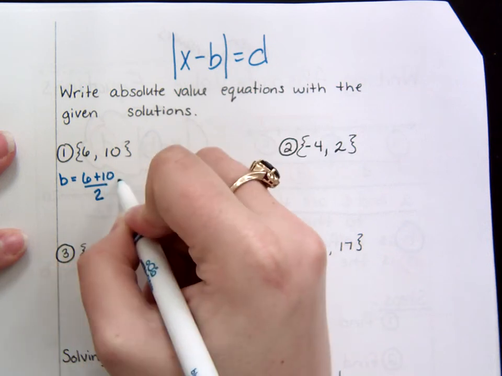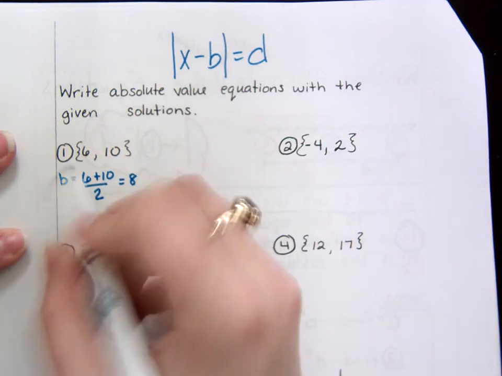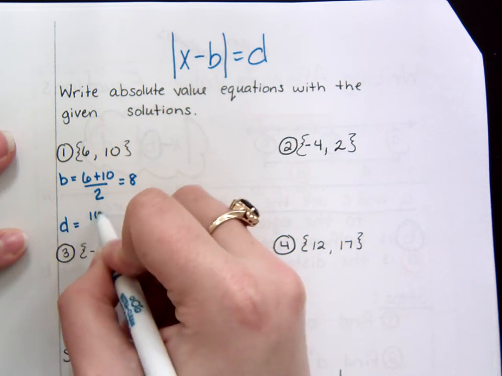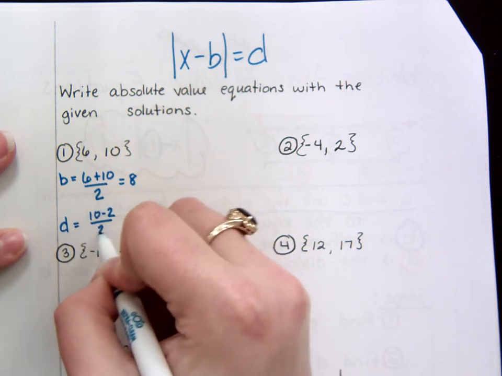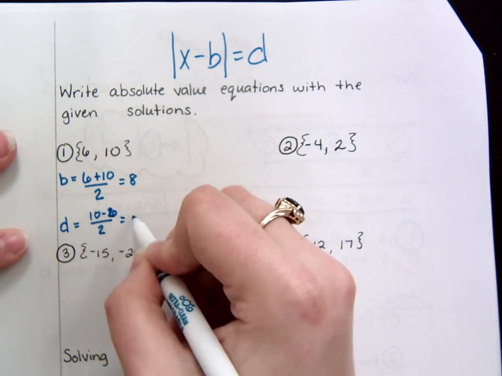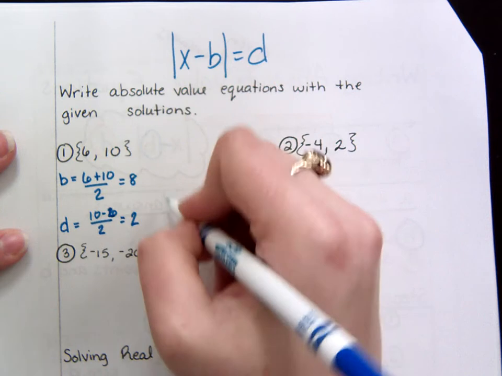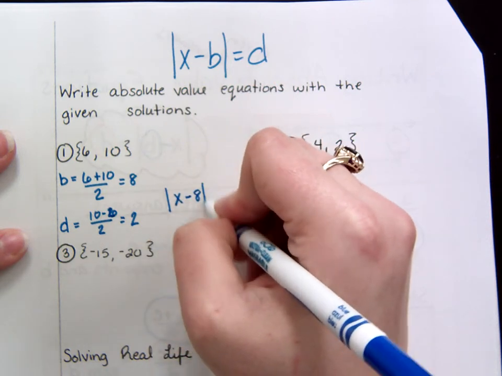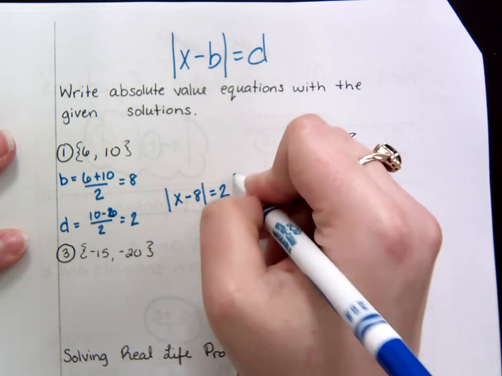So that's 16 over 2, which is 8. To find D, I subtract 10 minus 6 over 2. So that's 4 halves, which is 2. Therefore, my equation is |x minus 8| equals 2.